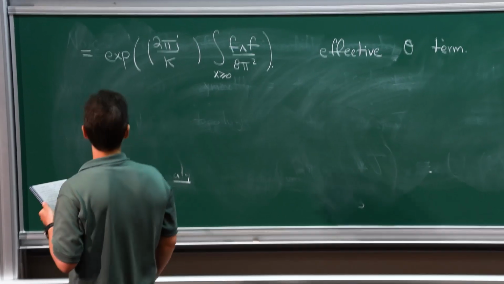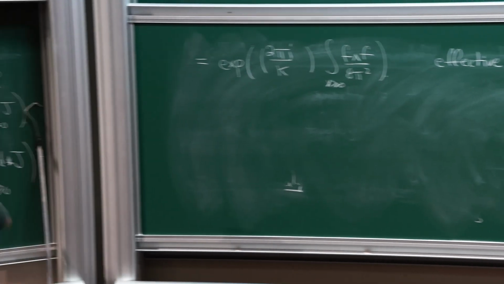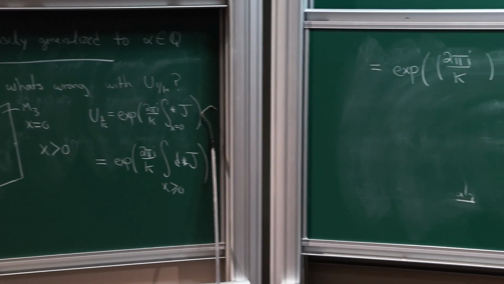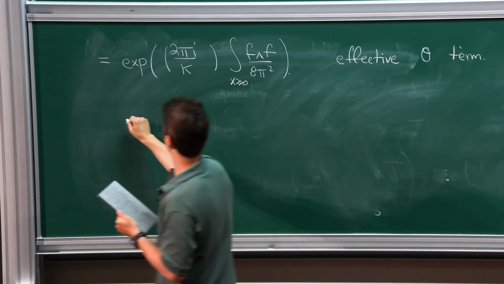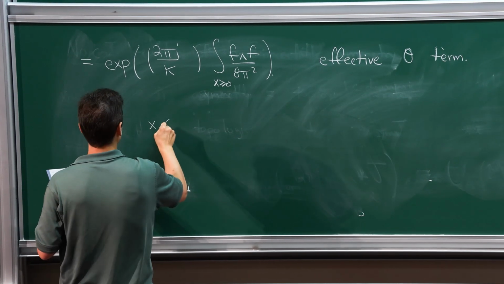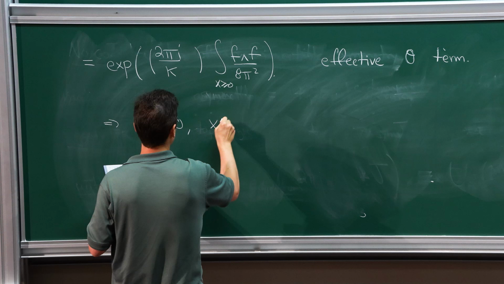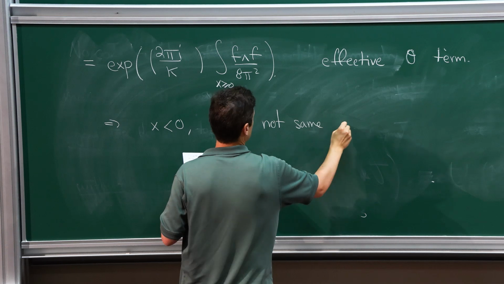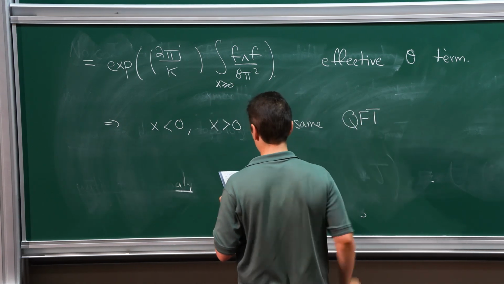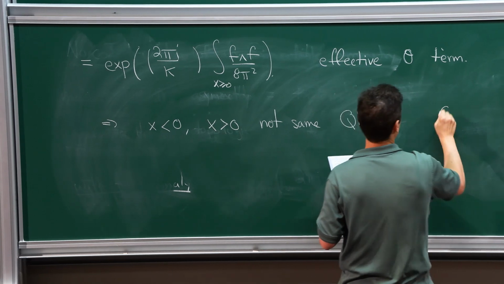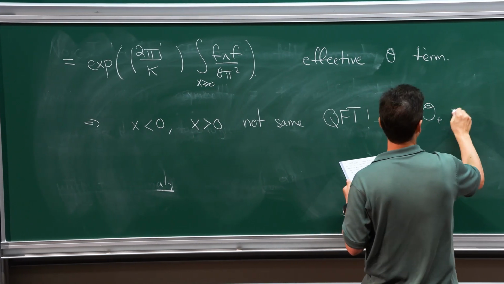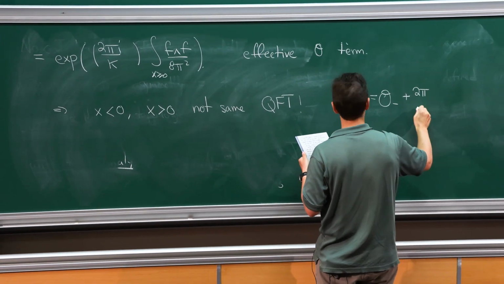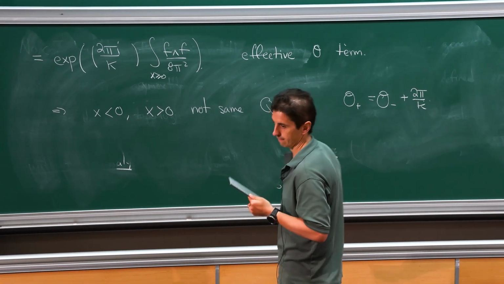So the issue with this U is that it's not a defect in a fixed QFT. Right, so x less than 0 and x greater than 0 are not the same QFT. The theta angle on the plus side is the theta angle on the minus side, plus 2 pi over k.